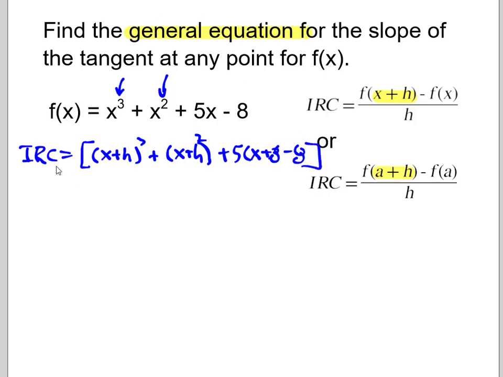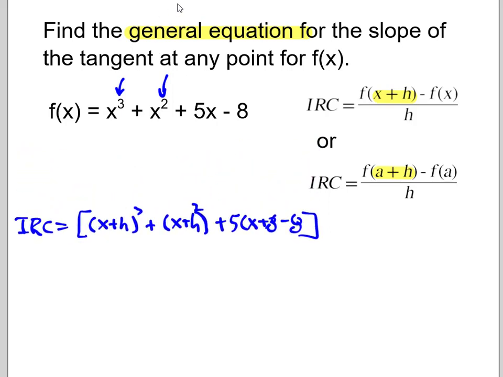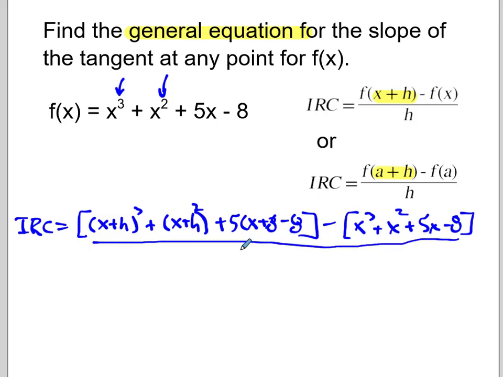And I'm going to just drag that whole thing down since I ran out of room. And then I'm going to say minus, and this is where if you do this with x's versus a's, with the x's, it's just rewrite the function. X cubed plus x squared plus 5x minus 8, and all of that will be over h.